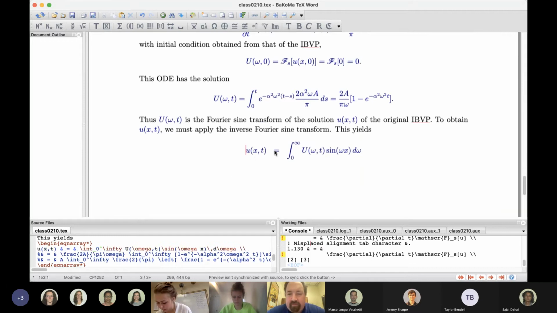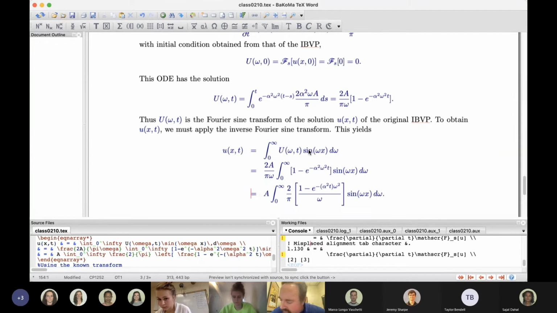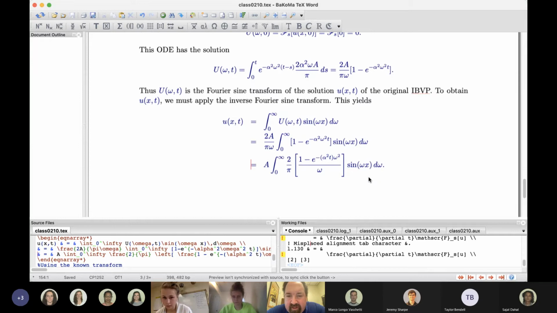So here's our formula for the inverse Fourier sine transform. I plug this in. We have 2a over pi omega, a constant, so pull it out. Now we have this.